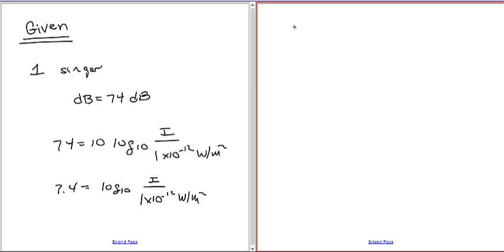And then you would take 10 to the 7.4 power. So we get 10 to the 7.4 is equal to 10 to the log base 10 of I over 1 times 10 to the minus 12th. Now, one thing is that 10 to the 7.4 power does not equal 7.4.